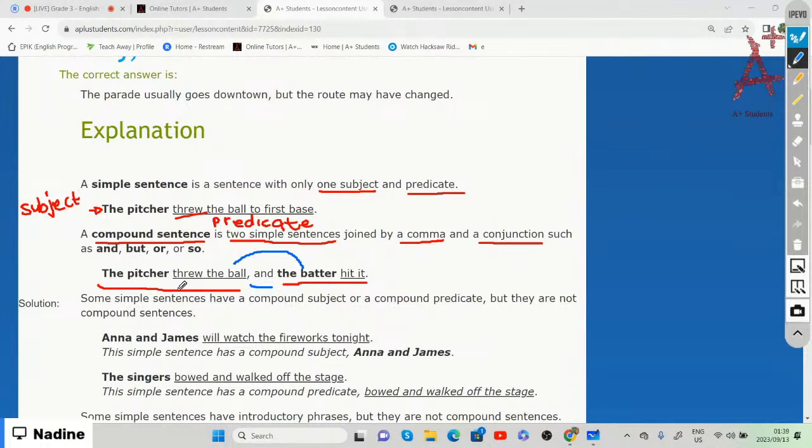Here we have the first simple sentence, and a simple sentence has a subject, which is the pitcher, and a predicate, which is threw the ball. And then we have a second sentence, which has the subject, the batter, and the predicate, hit it.